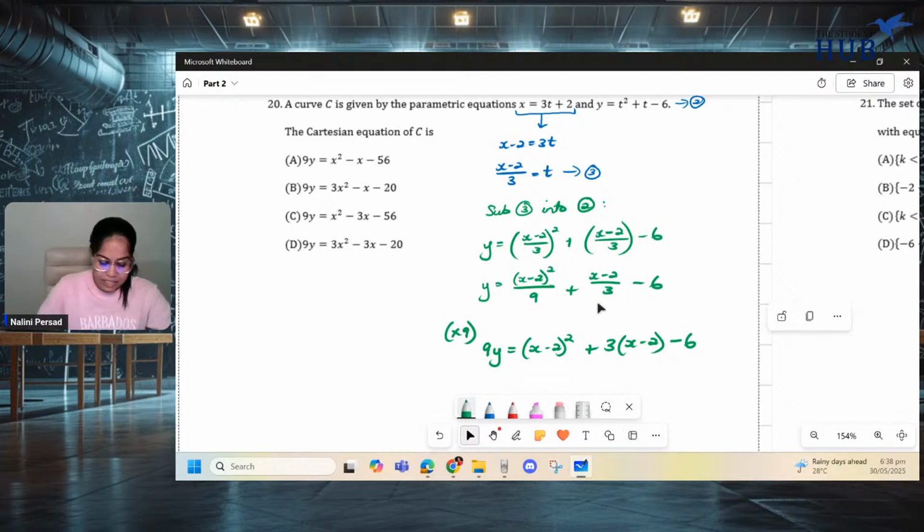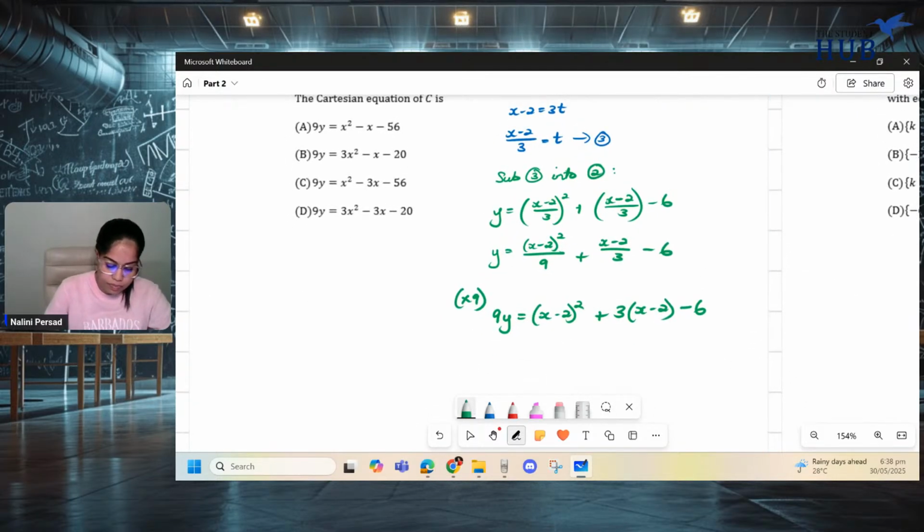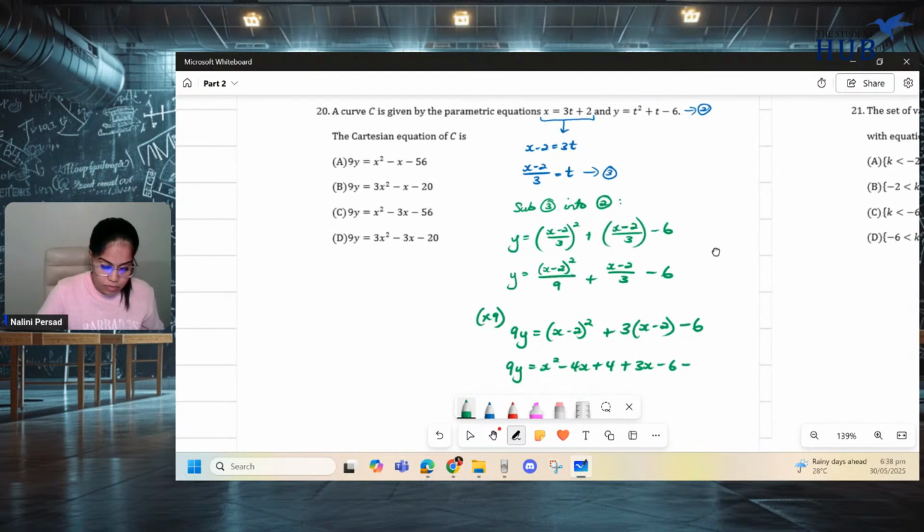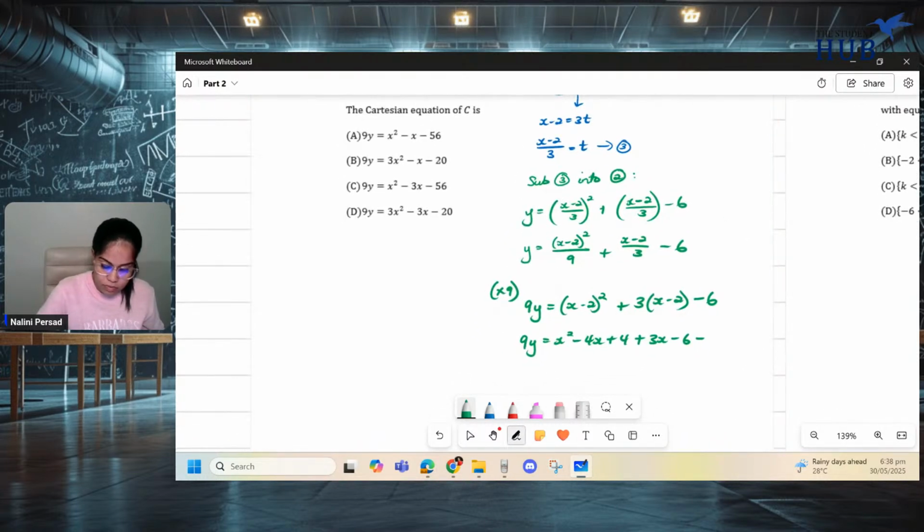And now we expand and try to make it look like one of these equations here. Right? So 3x minus 6. Oh, I made a mistake. Well, I didn't multiply by 9.